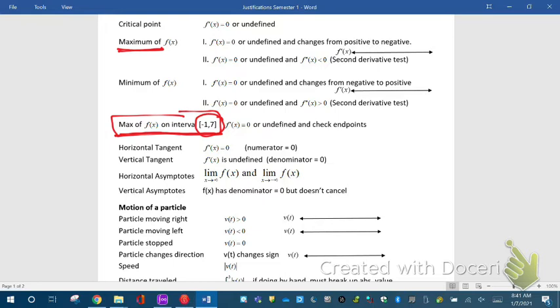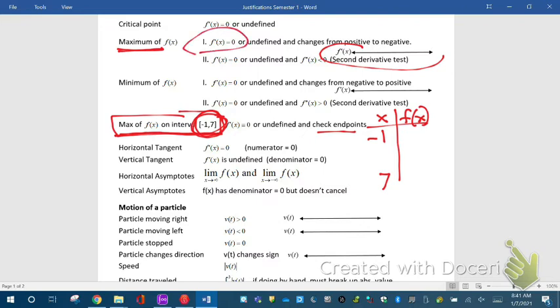A maximum on an open interval is what you typically do, first derivative sign chart. But if it's a max on a closed interval, that's when you have to check your endpoints and you do a table to check those endpoints. And in that table, you'll put the -1 and the 7, and you'll set the derivative equal to 0 to find any critical points, okay?